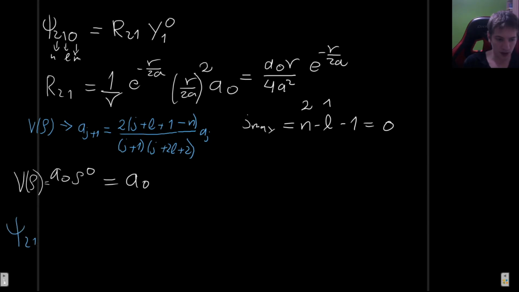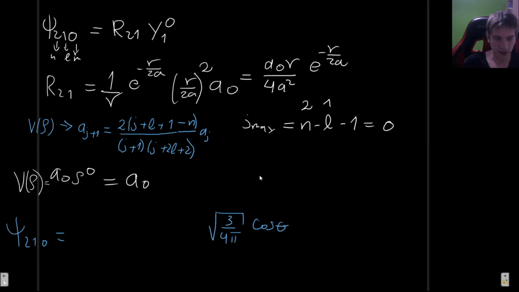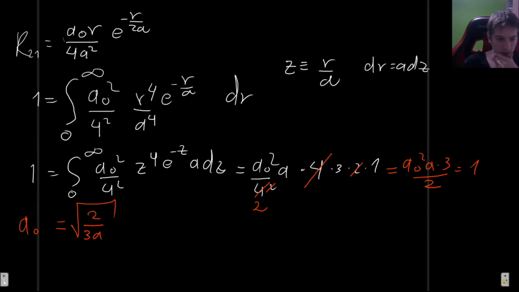Let's use psi21, 0. This is going to be the radial part times the angular part. This is the angular part. And let me now go look for the radial part. So the radial part, I didn't write it all together. It was this right here, and a0 is this.